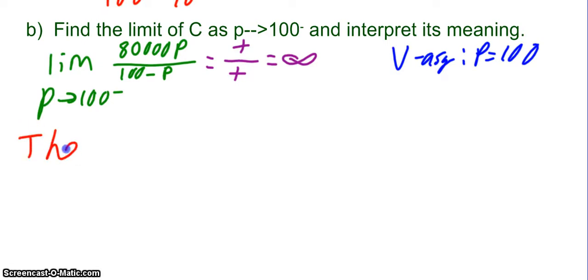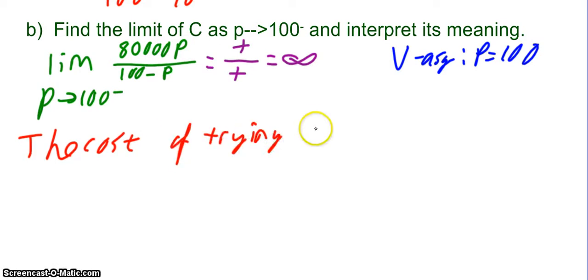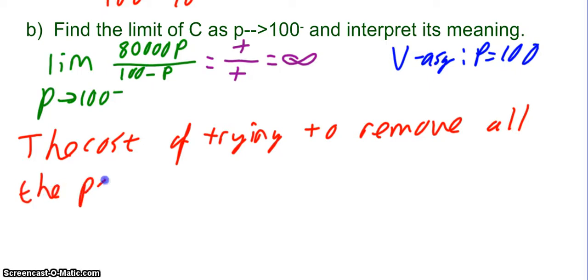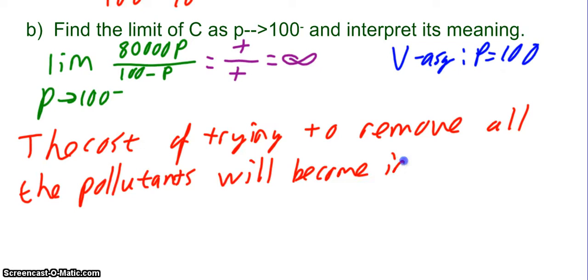So this is saying the cost of trying to remove all the pollutants will become infinitely large.